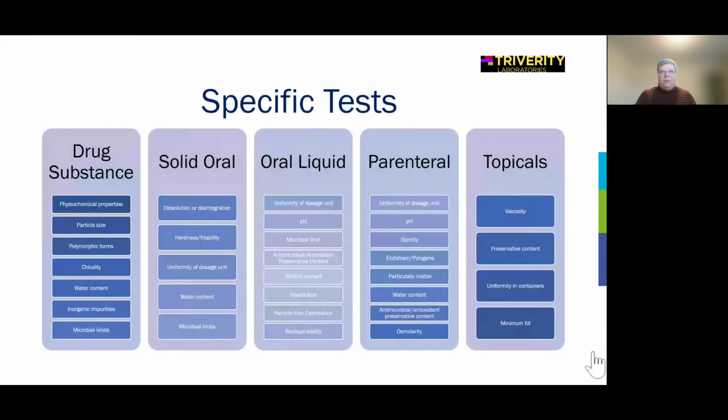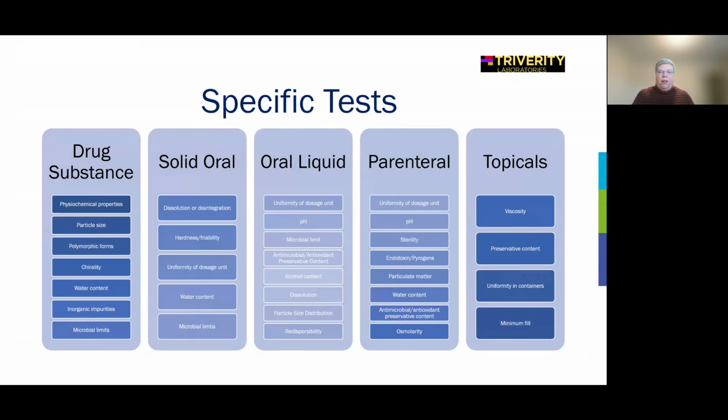So these are some specific tests, and this comes from ICH Q6A. Drug substance, solid oral dosage forms, all of the different dosage forms are on here, and this is not intended to be what exactly you need to put on there. You need to go through and determine what the critical quality attributes are, whether these things are applicable.